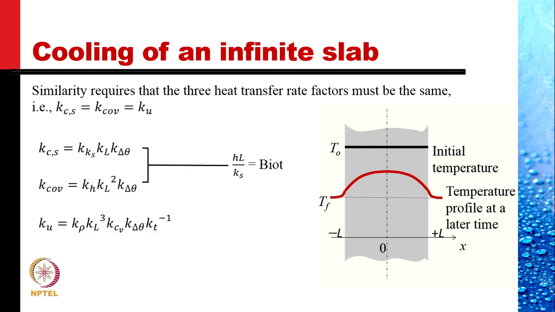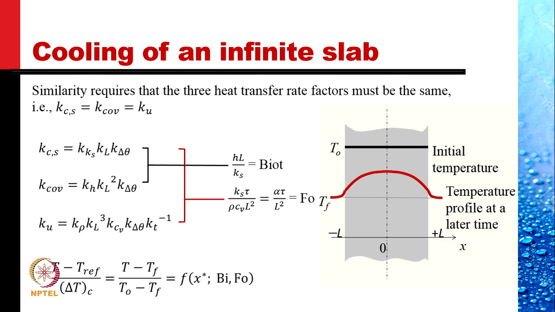By equating the first two, I obtain the Biot number hL by Ks, and by equating the first and third, I get Ks tau by rho Cv L square, and using the thermal diffusivity alpha for Ks divided by rho Cv, this is alpha tau by L square, and this is named the Fourier number, Fo.